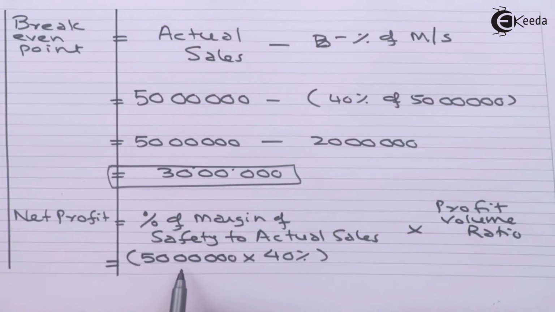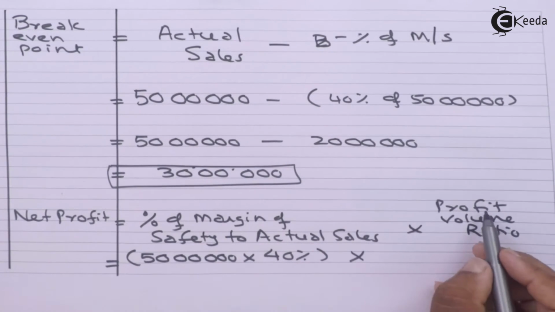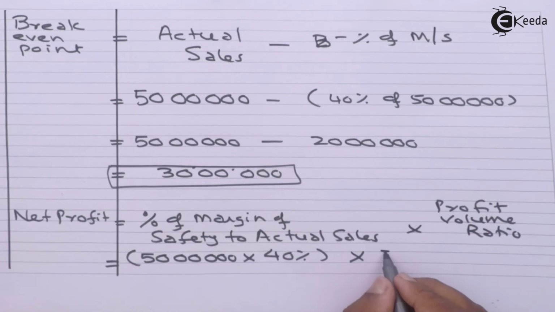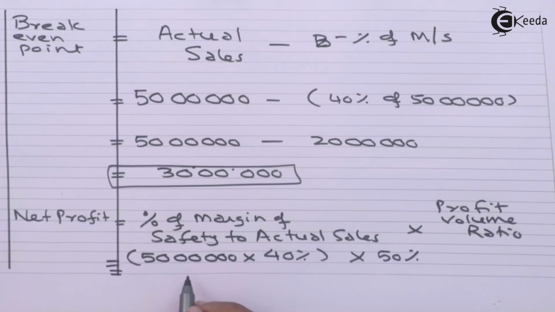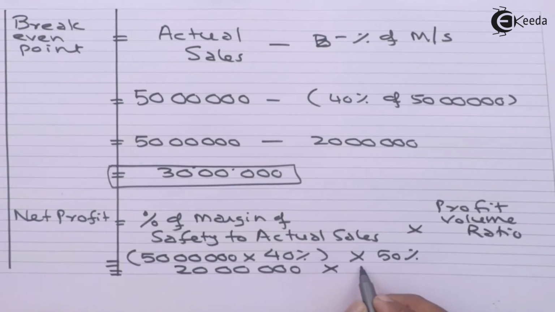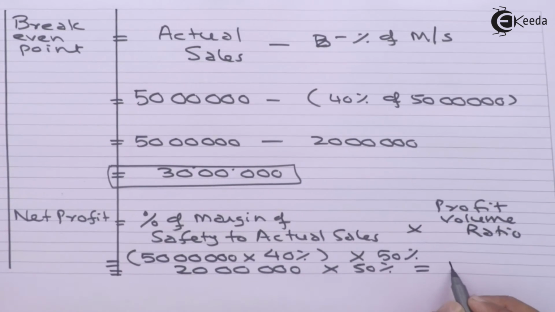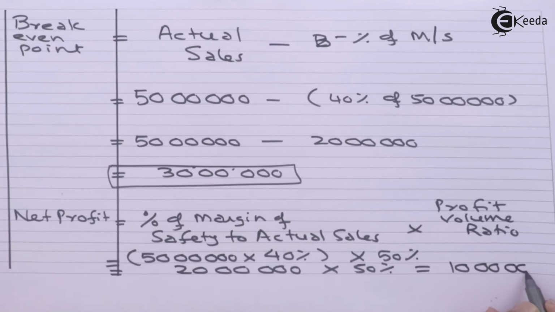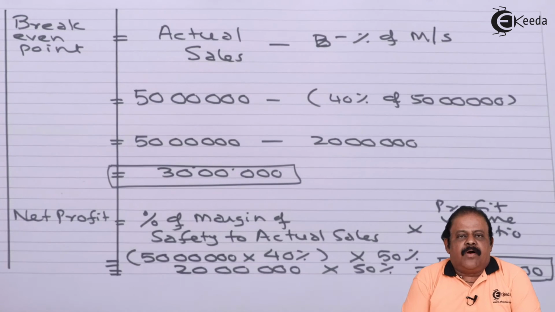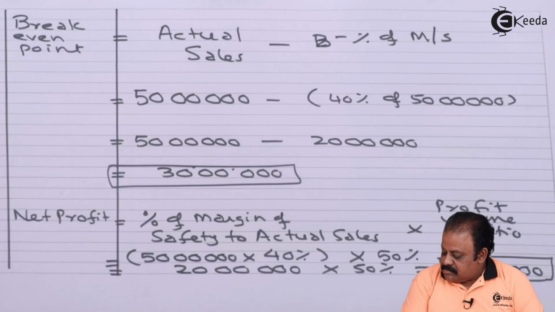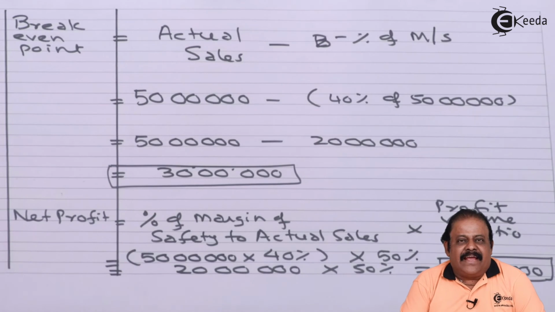Actual sales 50 lakhs, percentage of margin of safety 40%, multiplied by profit volume ratio 50%. So 50 lakhs multiplied by 40%, it's 20 lakhs multiplied by 50%, so net profit amount is 20 lakhs multiplied by 50%, that is 10 lakhs.